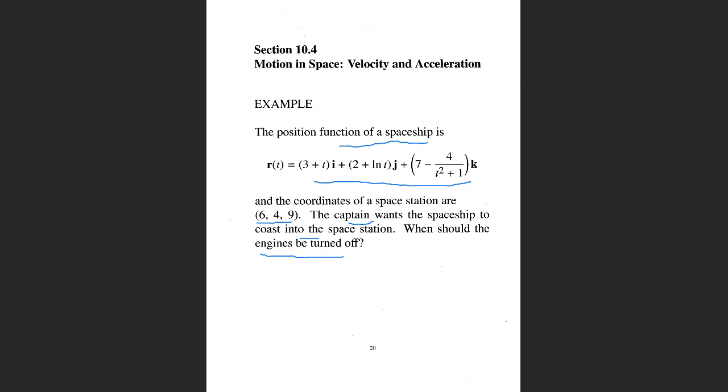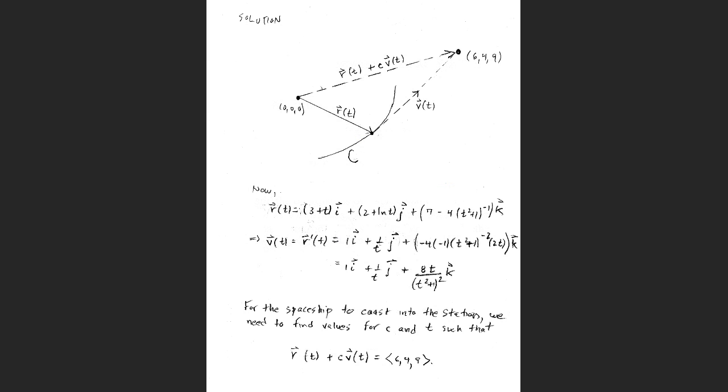Okay, what would be helpful to start this problem off? It's worth 1,000 words. A picture. Good, and that's what I have here on the next page. I've drawn a picture. The frame of reference is, of course, the origin.